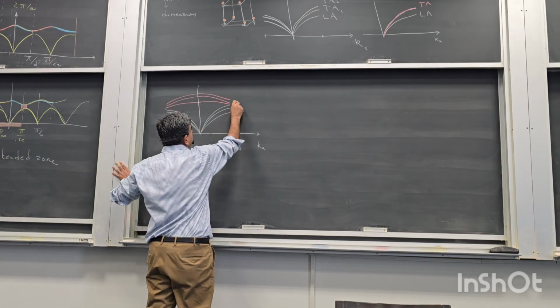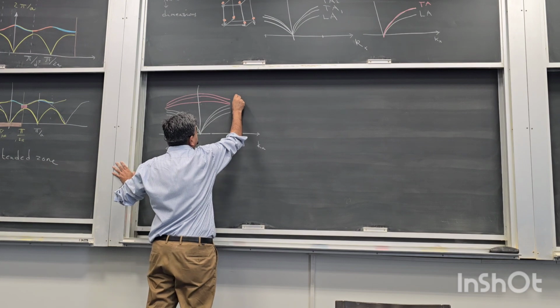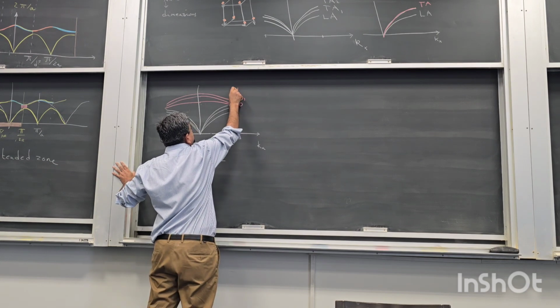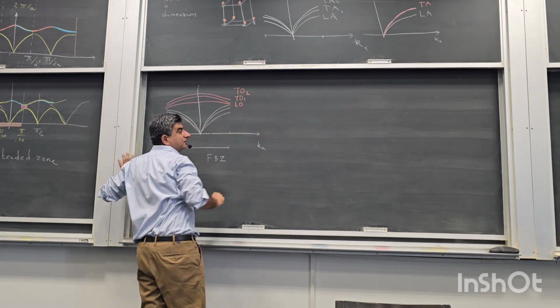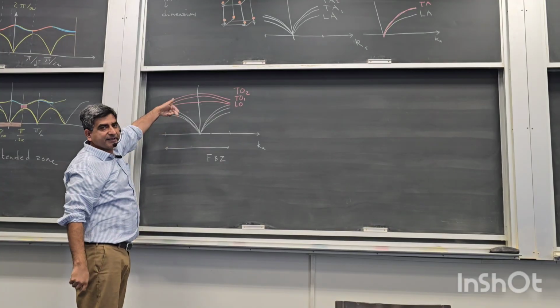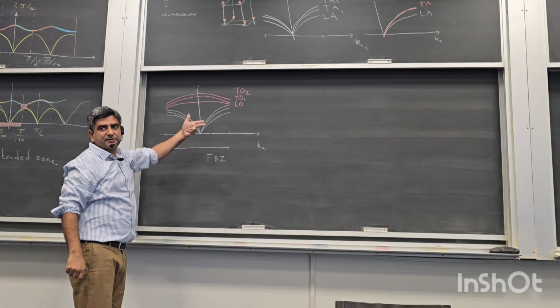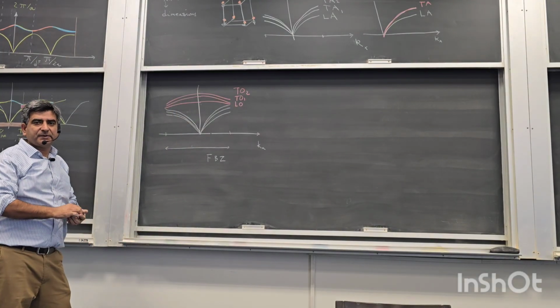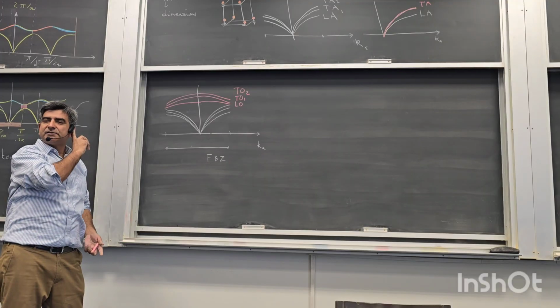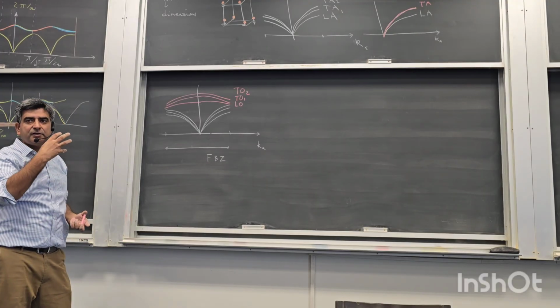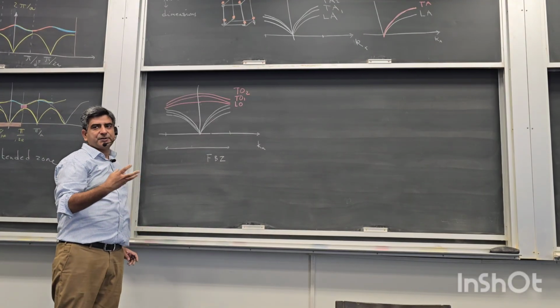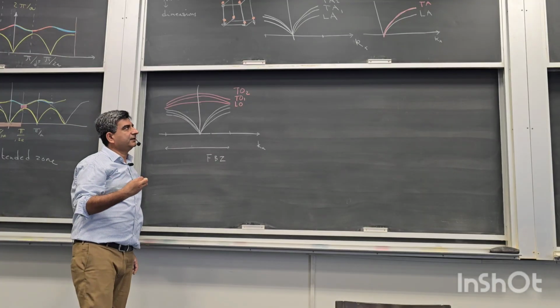So there will be a longitudinal optical, transverse optical 1, transverse optical 2, and so on. And again, you can have degeneracy in the optical branches as well. But there will be 6 branches. Some of them can be degenerate for a 3-dimensional crystal which has 2 atoms in the basis.